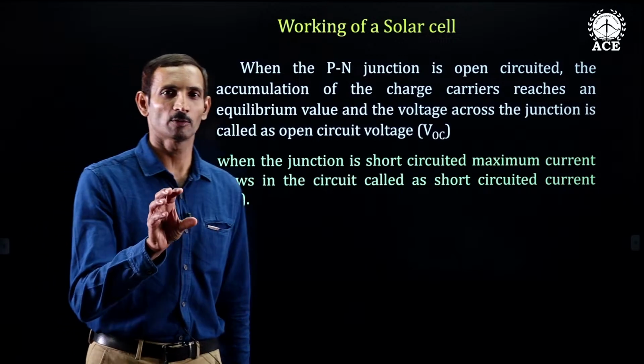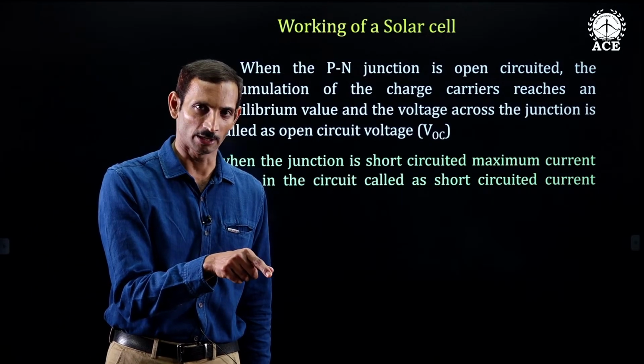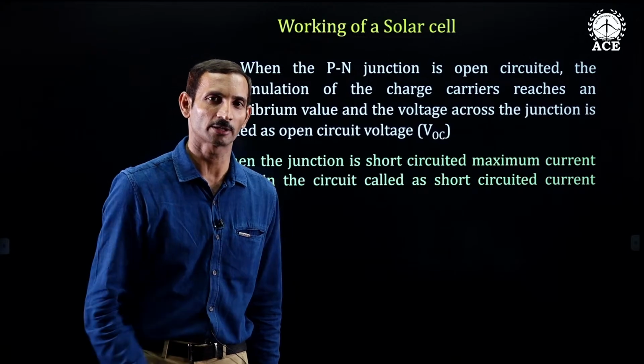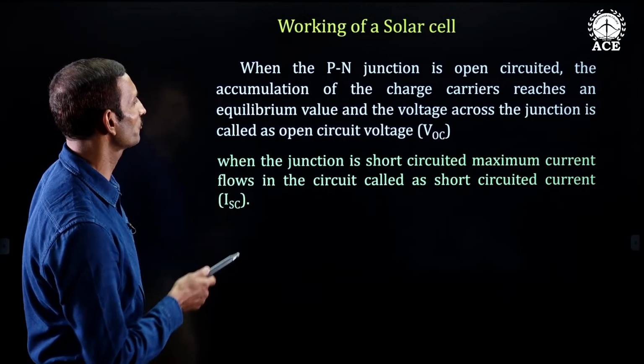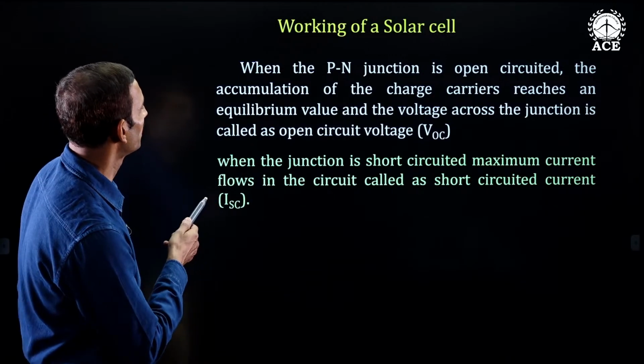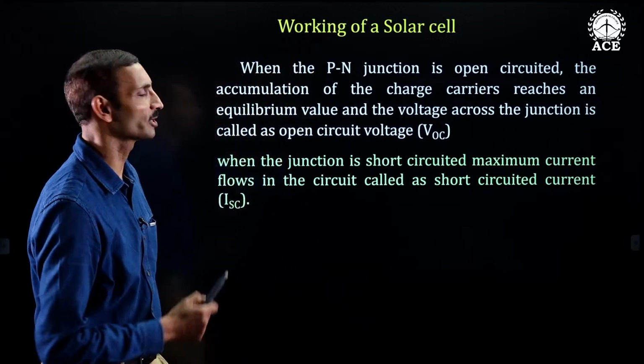Solar cell is nothing but the one which is not connected. If at all it is connected, it would deliver electricity to the device that it is connected to. Now, when a PN junction is open circuited, the accumulation of charge carriers reaches an equilibrium value, and the voltage across the junction is called the open circuited voltage.